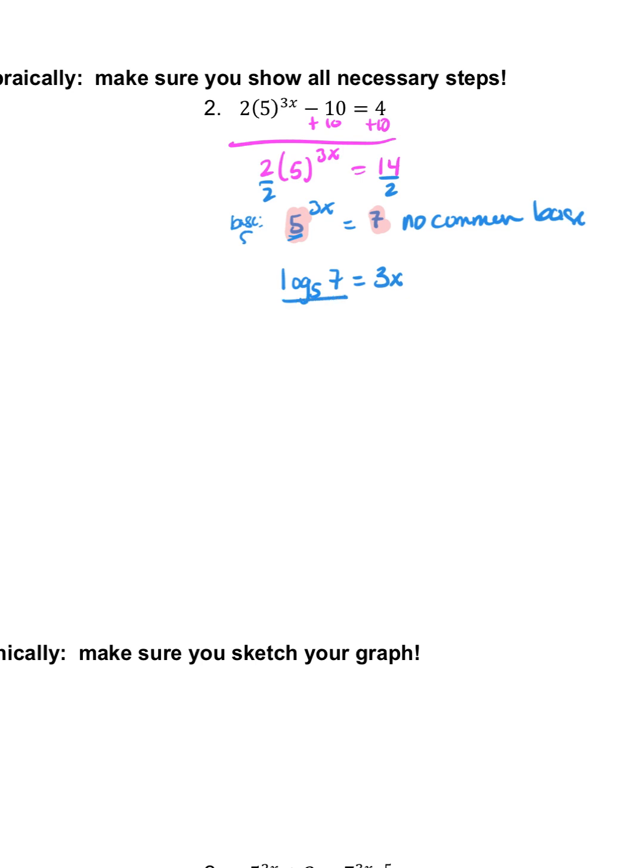This log base 5 of 7 is a number. There's no variable in it, so I can put it in my calculator and it'll come out as some decimal answer. If I was solving for x, I would divide both sides by 3, and then x will equal log base 5 of 7 over 3.